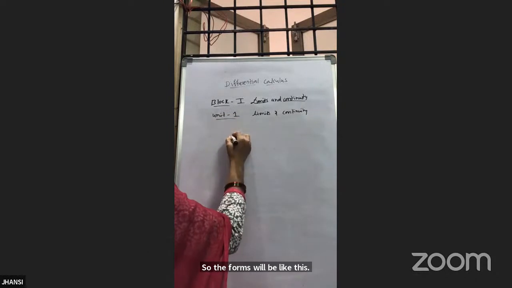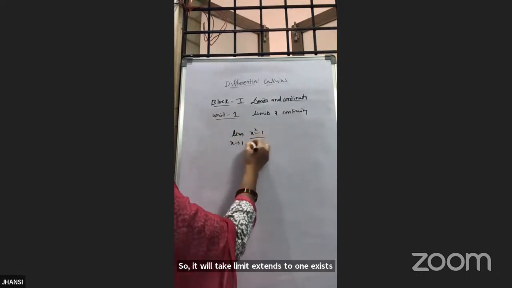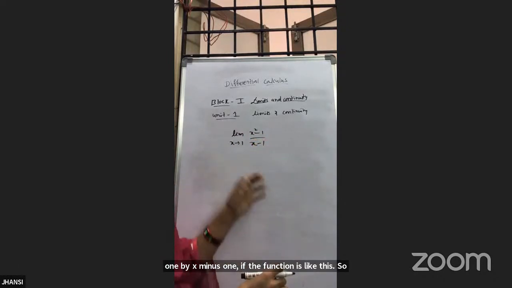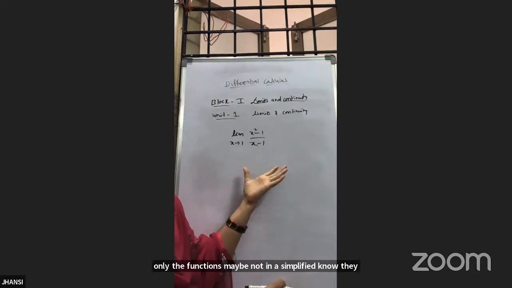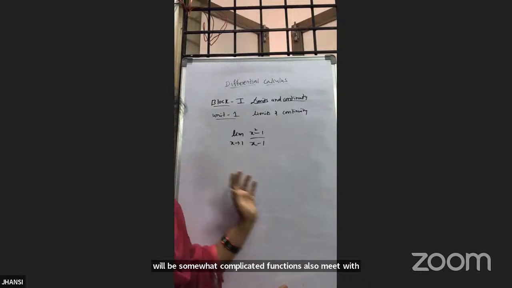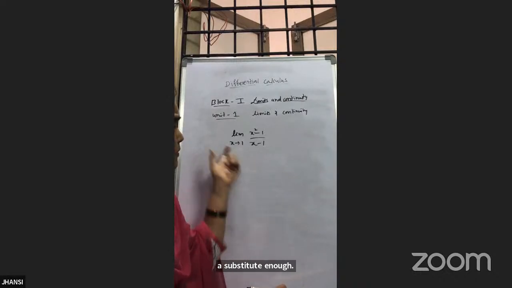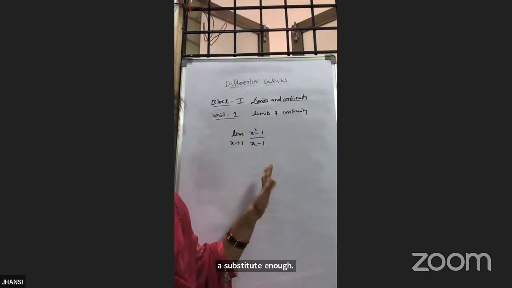If you take limit x tends to 1, x square minus 1 by x minus 1, the functions will not all be in a simpler form. They will be somewhat complicated functions also. So for those functions, direct substitution of the limit value is not applicable. In such cases, to solve those problems, the concept of limits has been introduced.